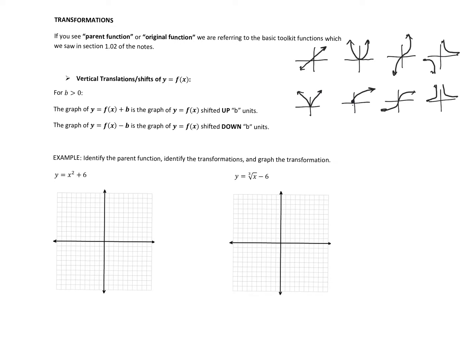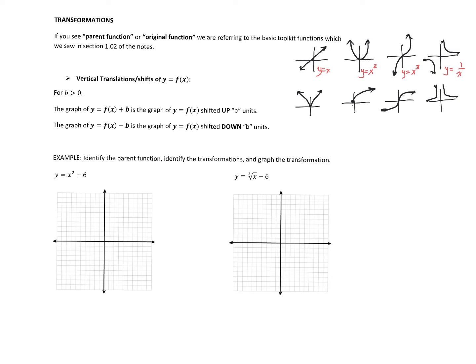The first one is just y equals x. The second one is y equals x squared. And the third is x cubed. The last one on the top here is the reciprocal function 1 over x.